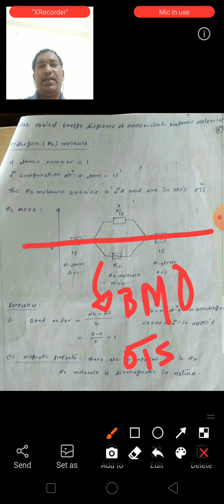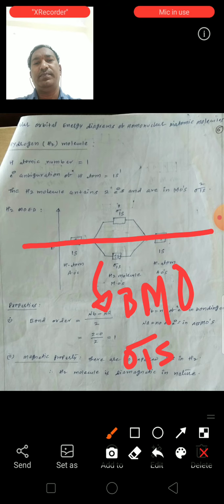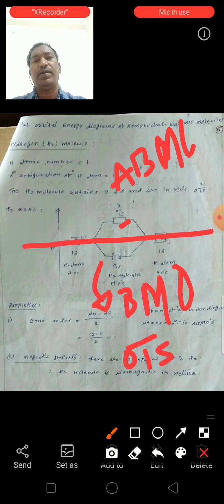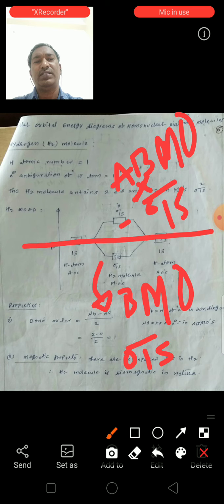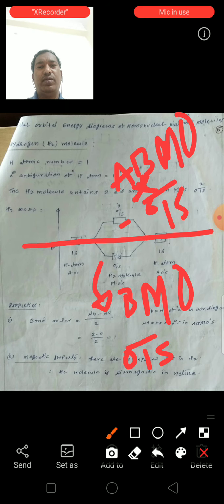The other molecular orbital has higher energy than the atomic orbital. This is the anti-bonding molecular orbital, denoted by sigma star 1s.